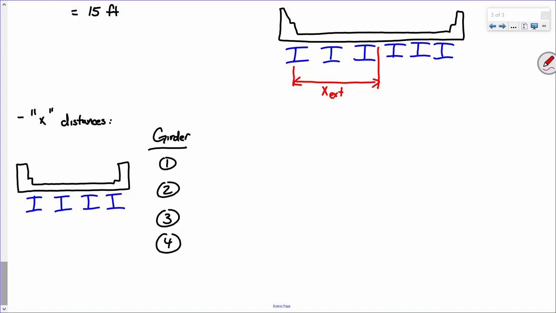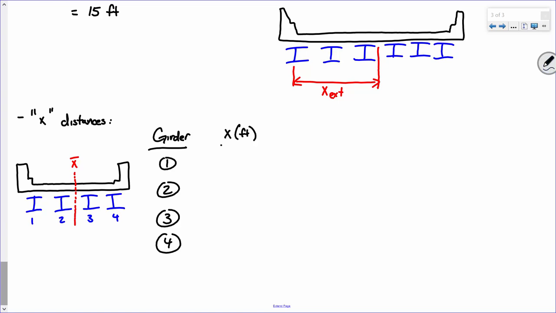Now I'm going to measure all of these distances from the center of gravity of these girders, which is essentially right here. So in other words, this is x bar. Make sense? Everybody good with this? So let's number these: this is girder 1, this is girder 2, this is girder 3, and this is girder 4.